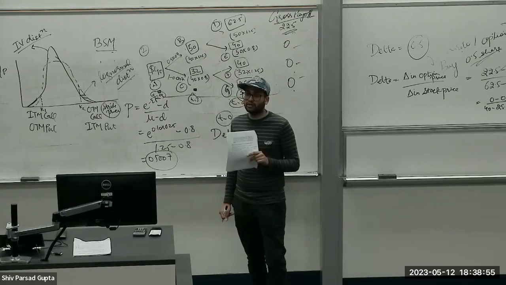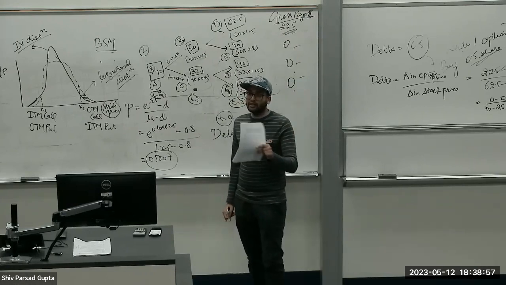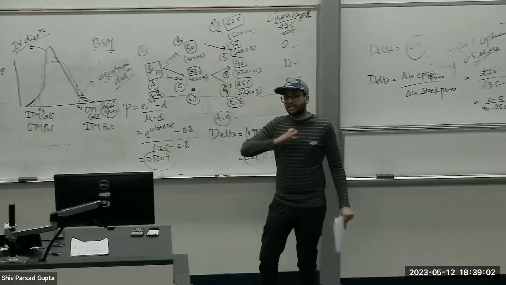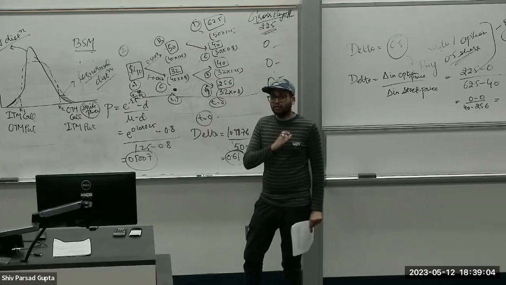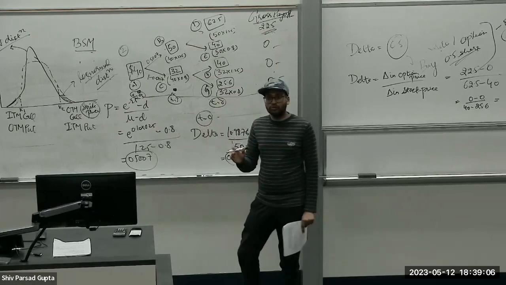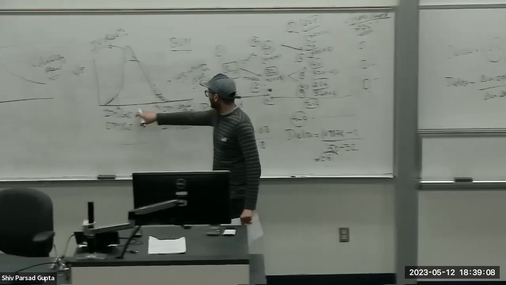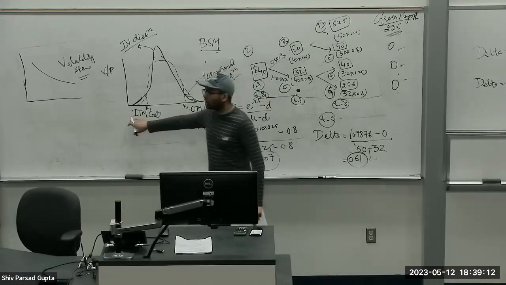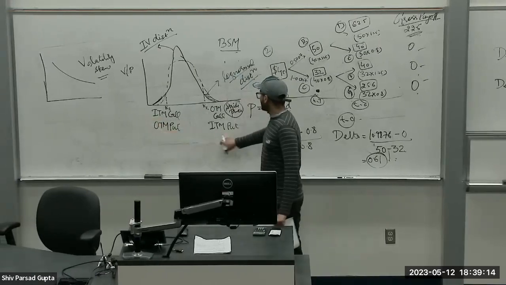The call is in the money if S naught is greater than K, and out of the money if S naught is less than K. It means as K increases, there are more chances for the call to go out of the money, right? So if K increases to such an extent, here the calls will be out of the money calls, and here the calls will be in the money calls, and the opposite will work for put.